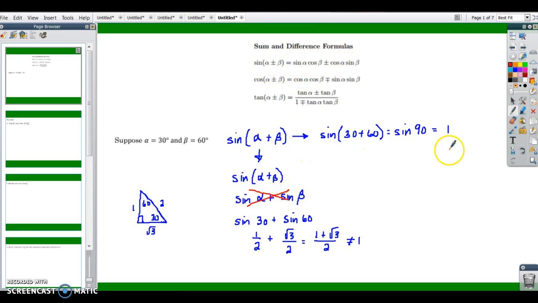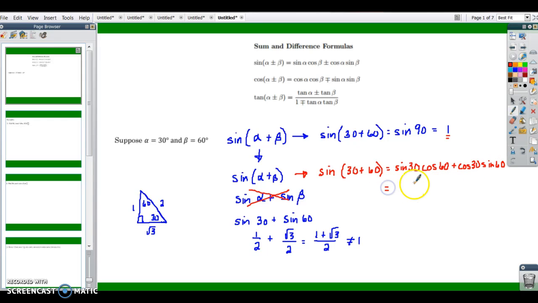If I went and followed the formula, I should get the same answer that I have here. If I follow the formula for the sine of the sum, so if I do sine of 30 plus 60, I'm doing the sine of the first times the cosine of the second plus the cosine of the first times the sine of the second.